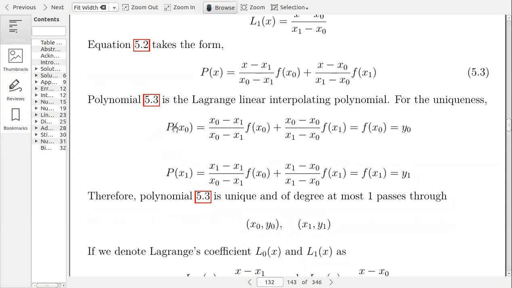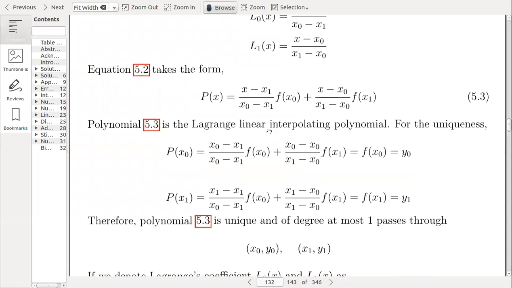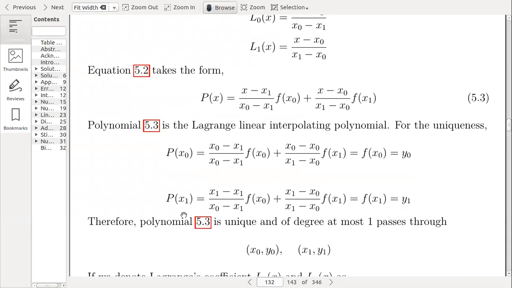Why? Because for p of x naught we have y naught, or f of x naught, because x naught minus x naught will vanish. And similarly, if we replace x with x1, then x1 minus x1 will vanish, and we will have f of x1 equal to y1.